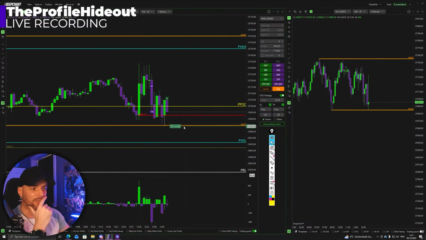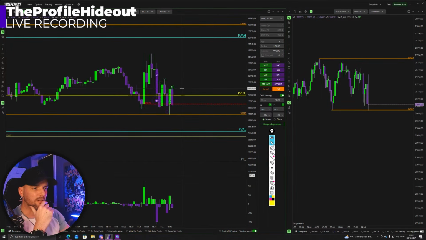It did technically sweep it by a tick. As long as we're not closing above the lowest closing candle here, I'm not touching it. Basically it's going to be this one, so I have to see a close above this. And I'm not the biggest fan of this structure using that technique.